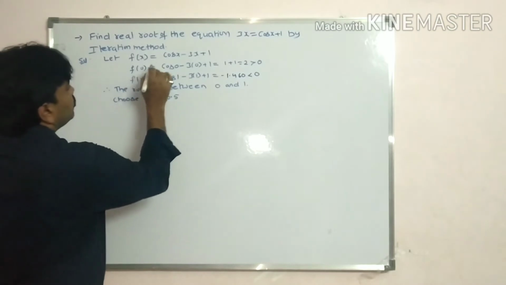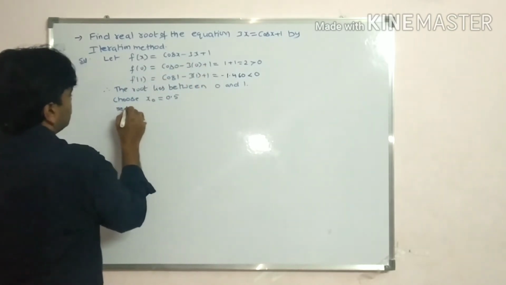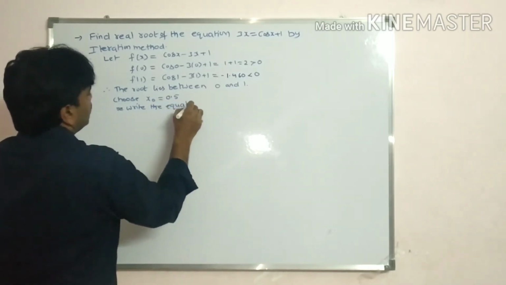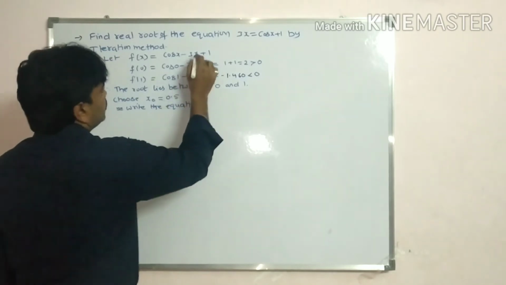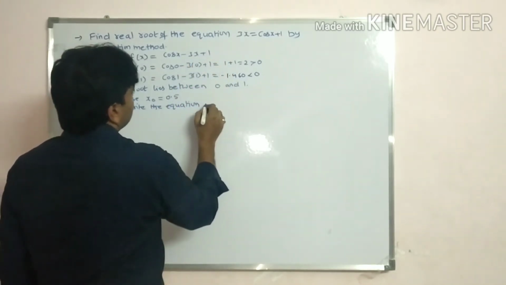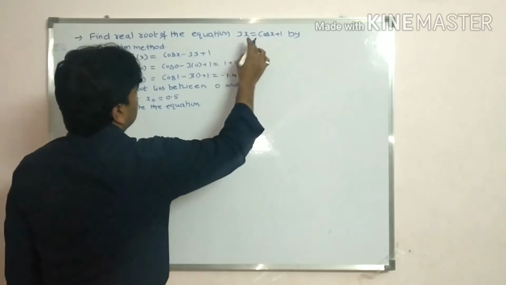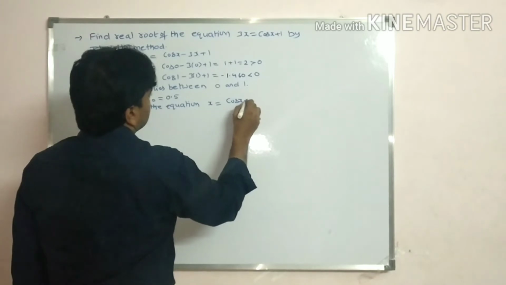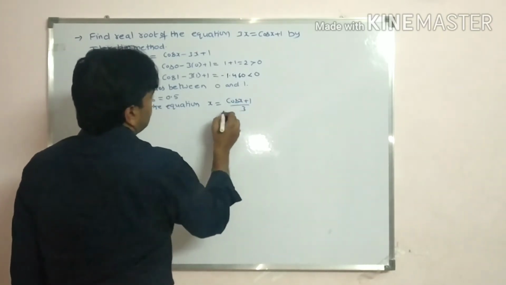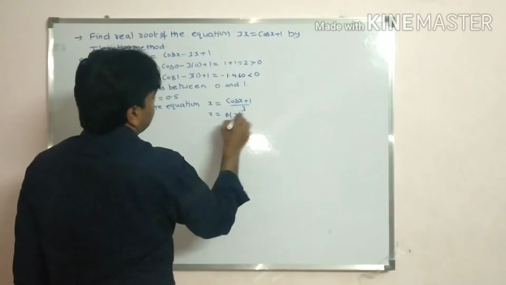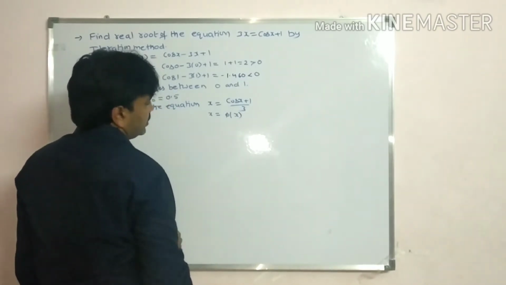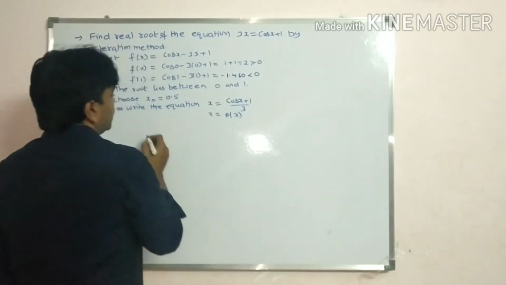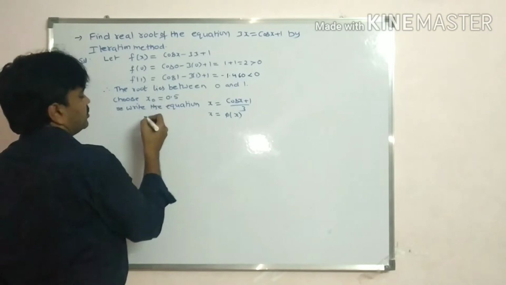Now you rewrite the equation, students. How? See, the equation is equal to 0. Dividing by 3 here, I get x is equal to (cos x plus 1) by 3. Now this is like x is equal to phi of x. Now you check the condition phi dash at x naught.